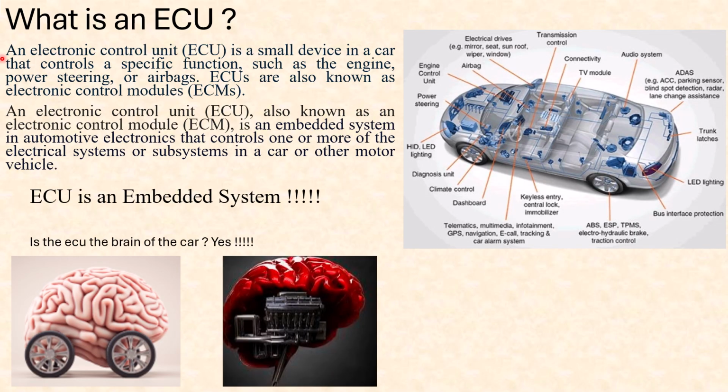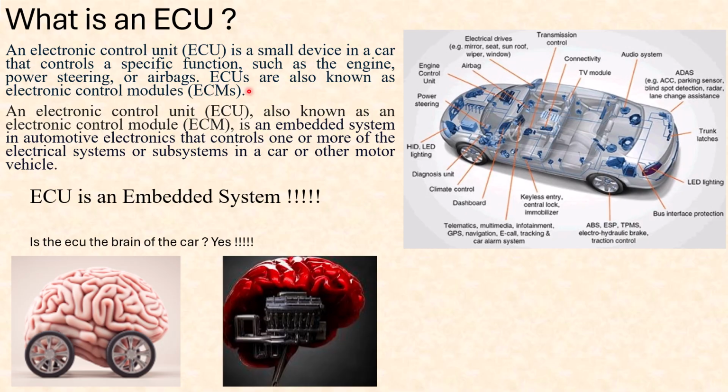So what is an ECU? An electronic control unit is a small device in a car that controls a specific function such as the engine, power steering, airbags. Lots of domains are there. Even ADAS is using ECU, body control is using ECU, transmission control is using ECU, cameras are using inbuilt ECUs.